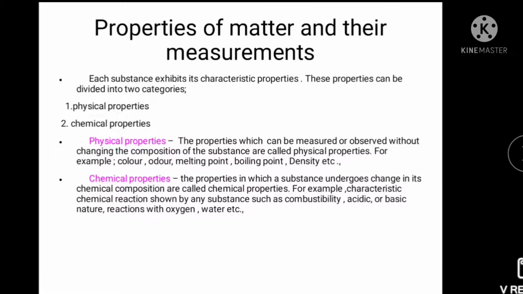What is the difference between physical and chemical properties here? The measurement or observation of chemical properties requires a chemical change to occur. Measurement of a physical property doesn't require the occurrence of a chemical change.